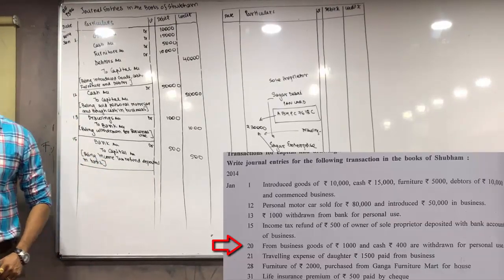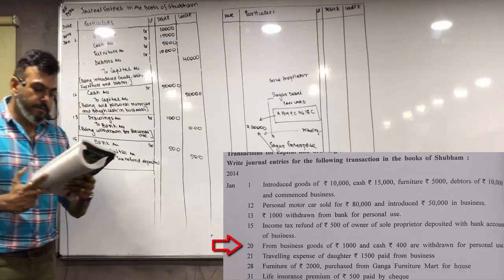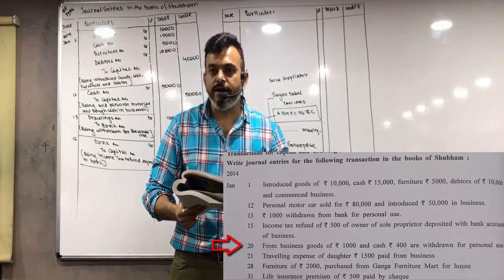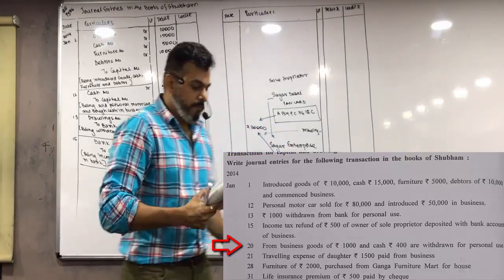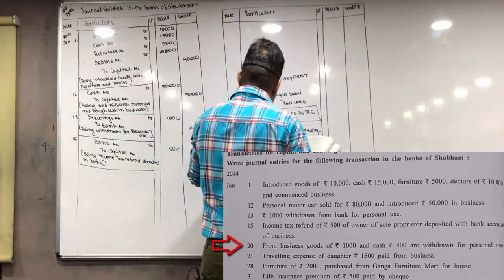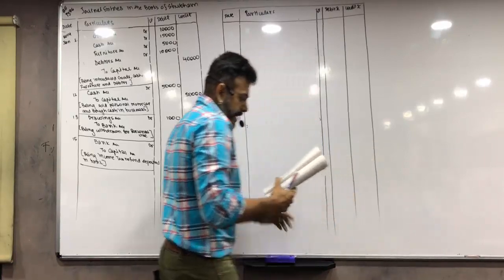Now, from the business, goods of 1000 and cash 400 are withdrawn for personal use. यानी ओनर बिजनेस से क्या लेके जा रहा है? 1000 का goods और 400 cash. So drawings account, yes, very good. लिखो drawings account debit. Write the date.